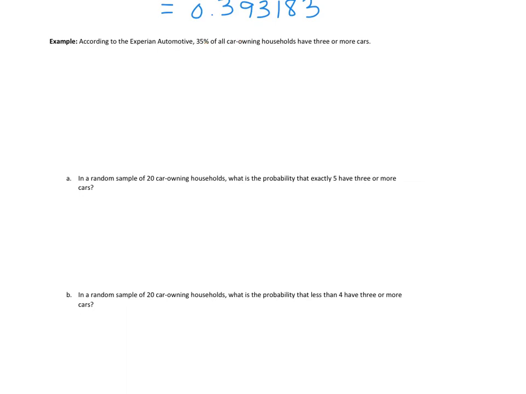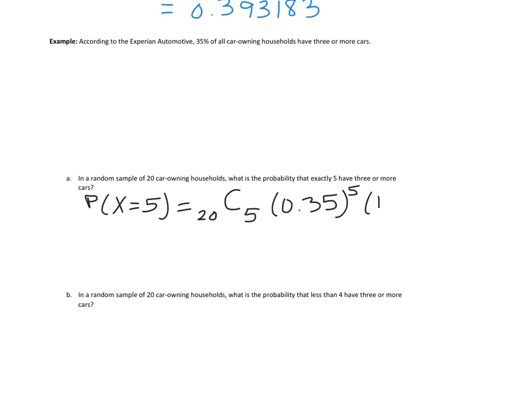So this first one, what is the probability that exactly 5 have 3 or more cars? We have 20 trials, and we're going to fill 5 slots up with successes. The probability of success is 35%, and that happens 5 times. The probability of failure is 0.65, and that happens the rest of the time, so 20 minus 5 is 15.